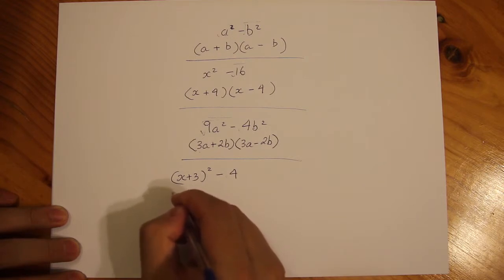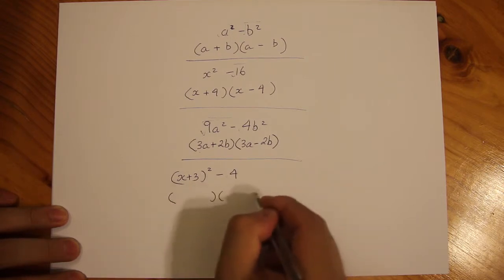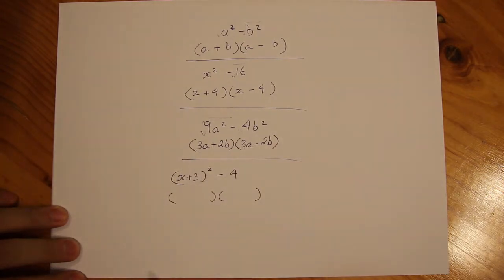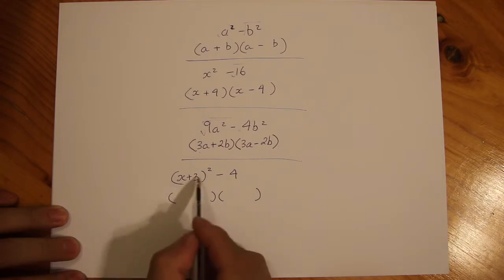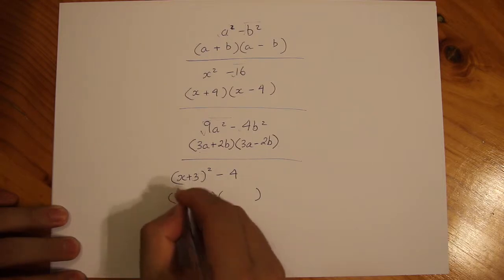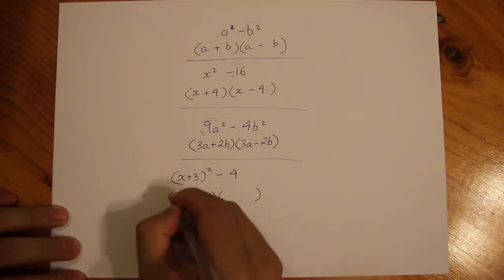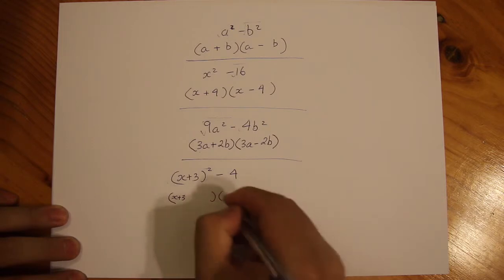What we're going to do is open our two brackets, just like what we'd normally have been doing, and fill in the brackets as usual. The square root of this group is simply x plus 3.